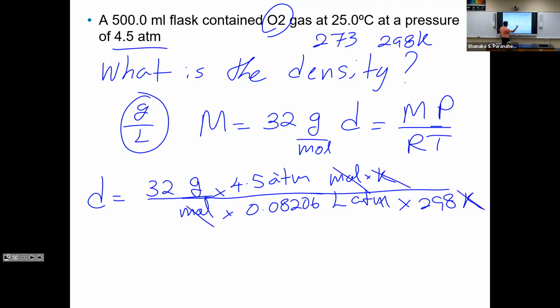The moles and atm cancel, and you can see the unit of density is grams per liter.